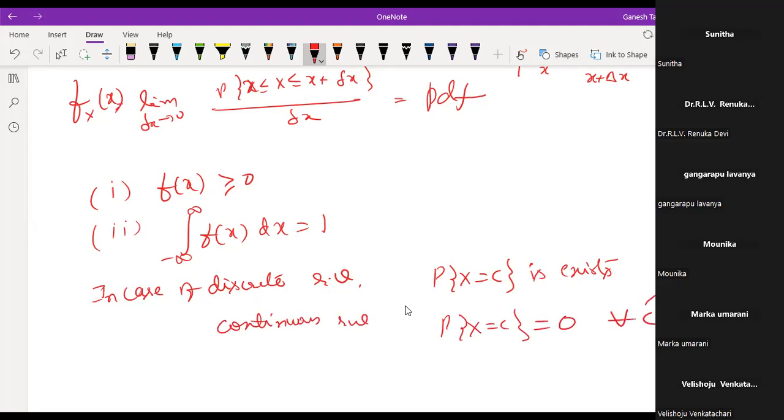Okay, c is a constant. Both cases, in the discrete case, it will be like this.